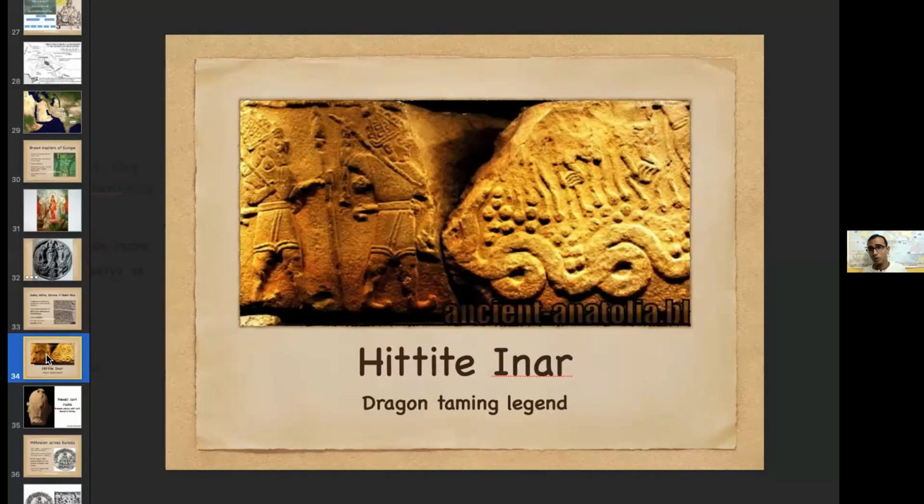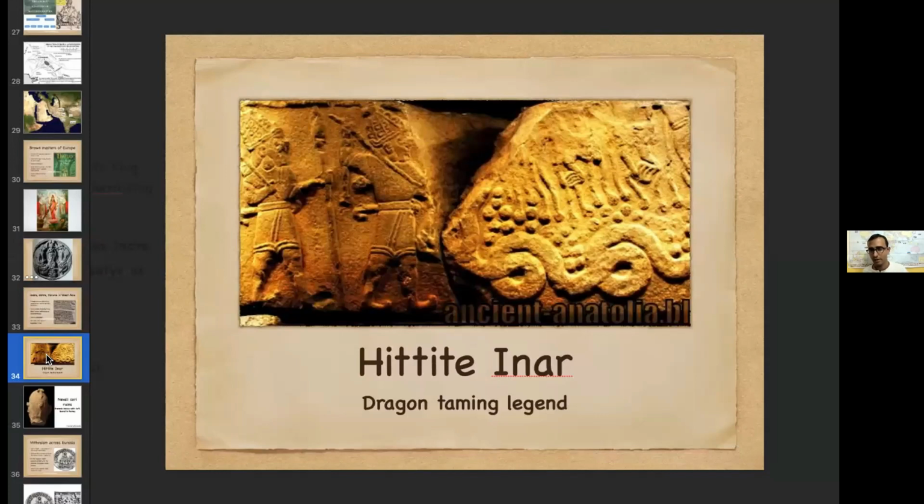This iconography is found not only in the Bhagavatam or the Vedas, because the Vritrasura-Indra story is found literally everywhere, in the Puranas also, in the Vedas also. This concept is also represented by Inar. Inar is actually a corruption of Indra, and Inar is a god in the Hittite culture.